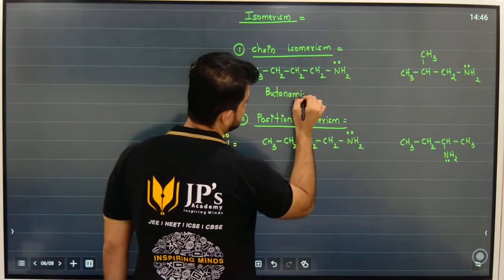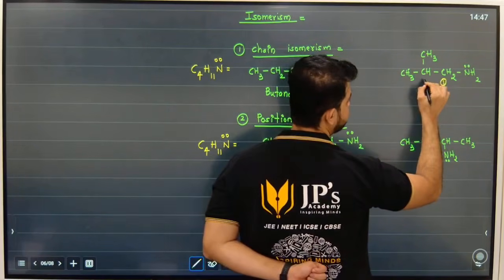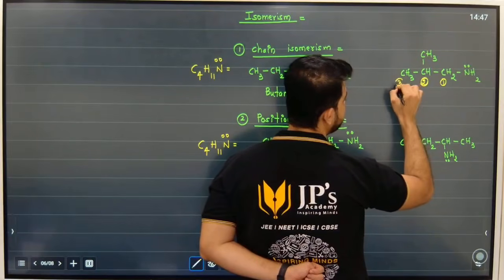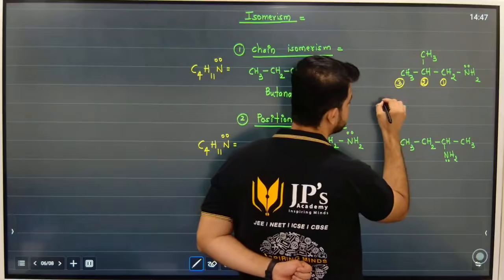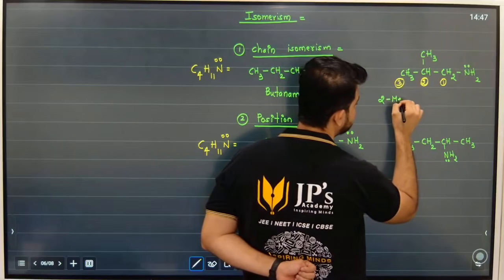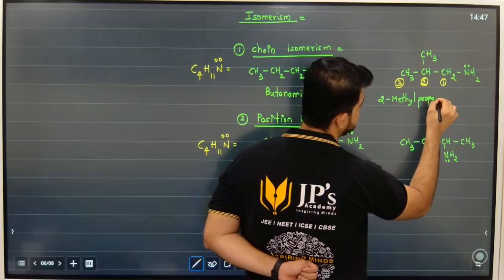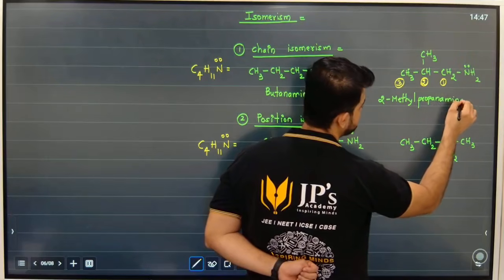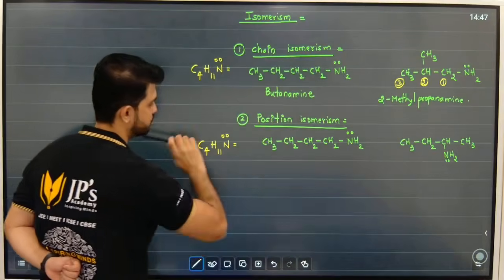But molecular formula remaining the same, the principal chain gets branched, and we can call this 2-methylpropanamine. So you students observe here the straight chain becomes branched: chain isomerism.